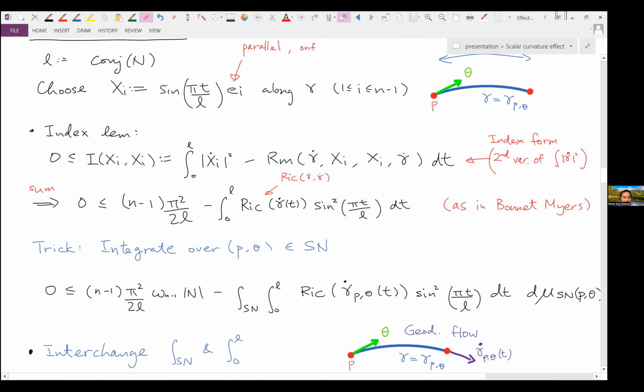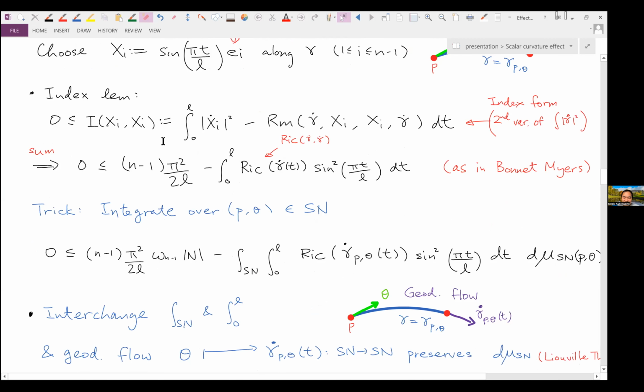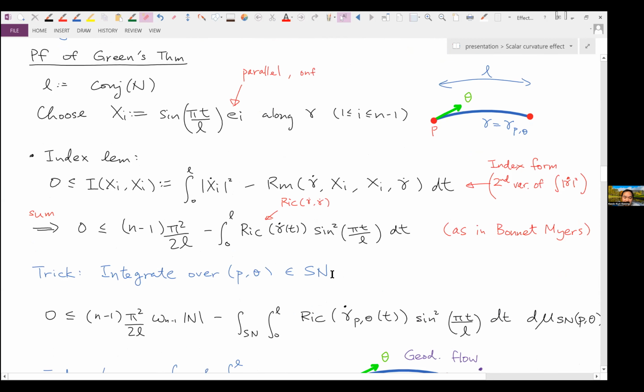So the next step is really ingenious, I think. So what he did is to integrate over all p and theta in the unit tangent bundle. So what does it mean by unit tangent bundle? It is just the collection of all the unit tangent vectors in the manifold.